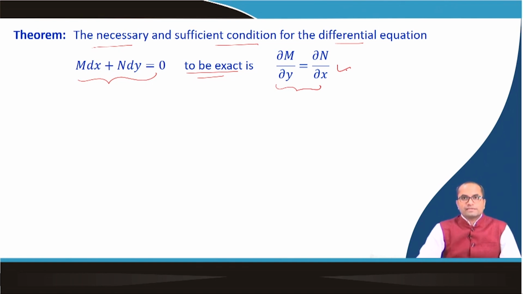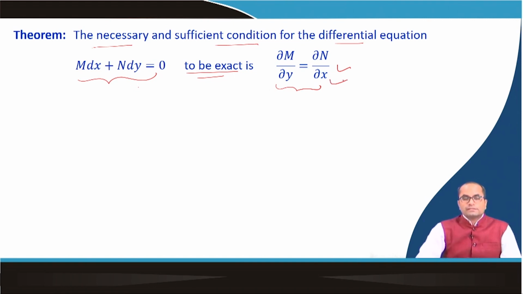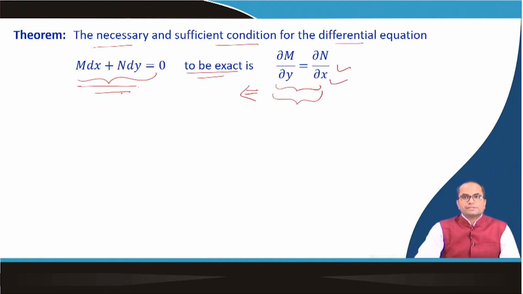This is necessary and sufficient. That means, if the given differential equation is exact, then this relation must hold. That means the partial derivative of M with respect to y must be equal to the partial derivative of N with respect to x, or the other way round, if this relation holds, that means the given equation is exact.